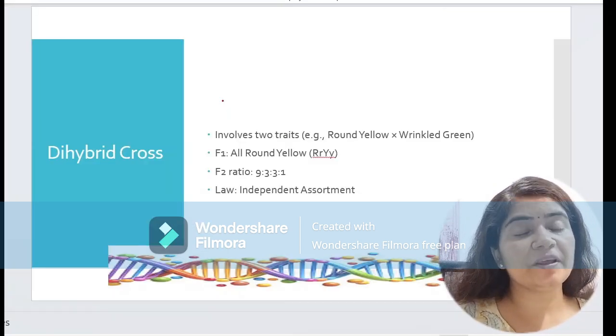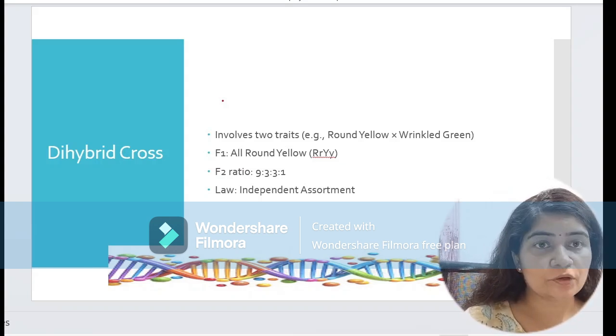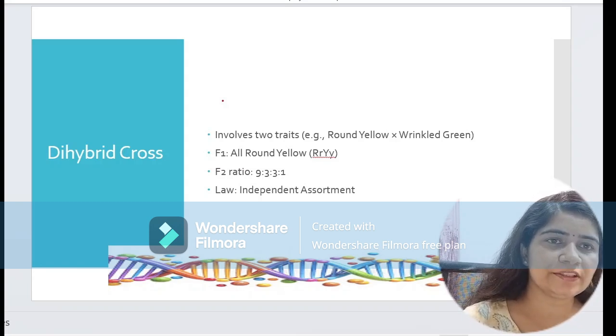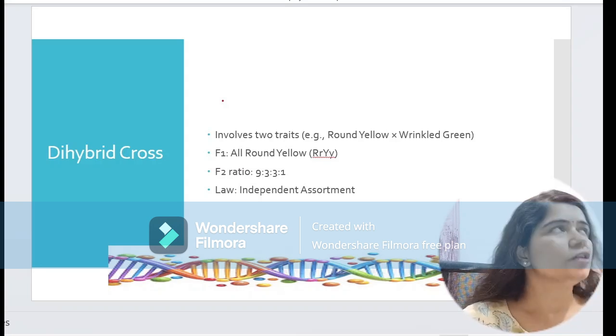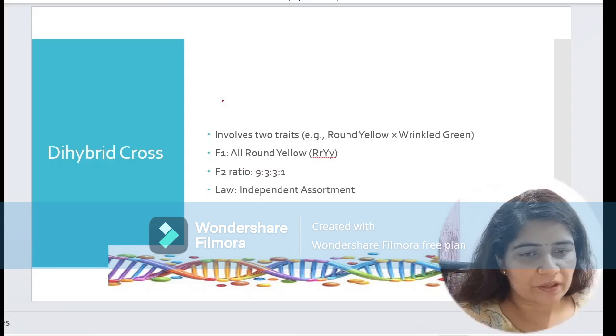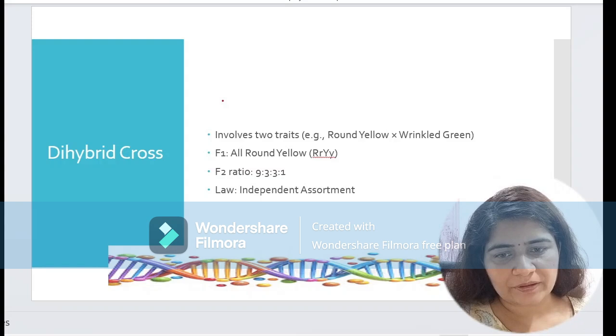All right, then we have the dihybrid cross. When I talk about a dihybrid cross, di means two, hybrid, when I talk of two genes. So when I cross two individuals and consider their two genes, for example, tall and round seed, this will become a dihybrid cross.